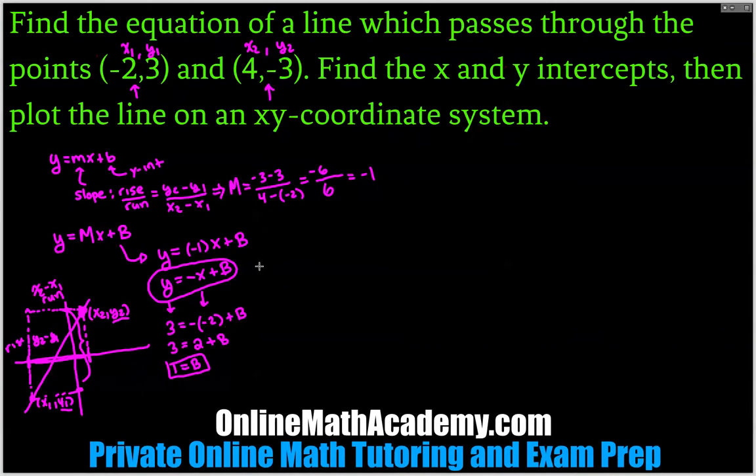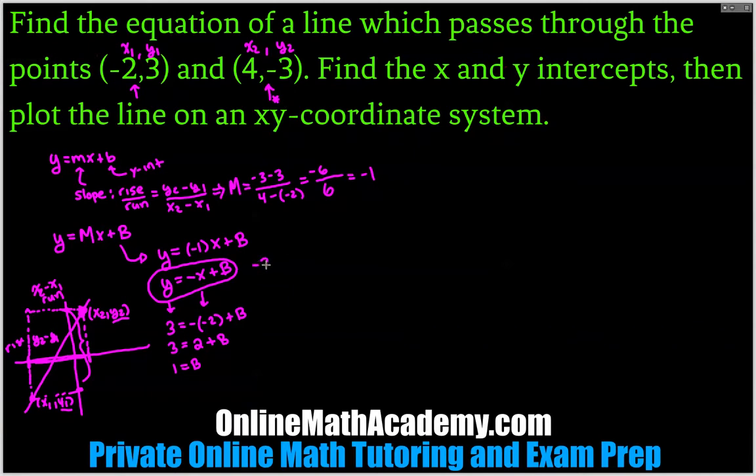And watch, we could have done the same thing if we plugged in the other points too. So I want to demonstrate that. So 4 equals negative 3. I'm sorry, not 4. 4 is the x point. We want the y point. We're working with this guy now.